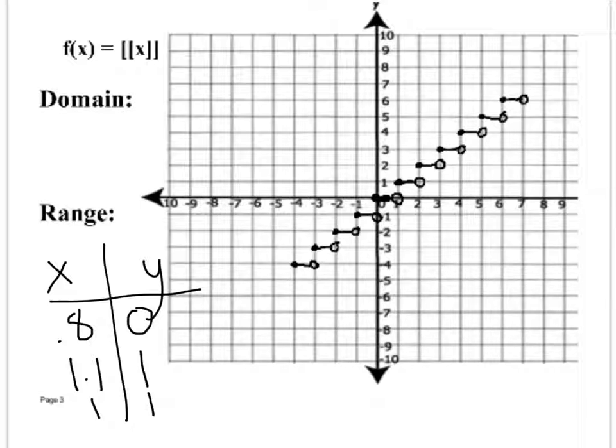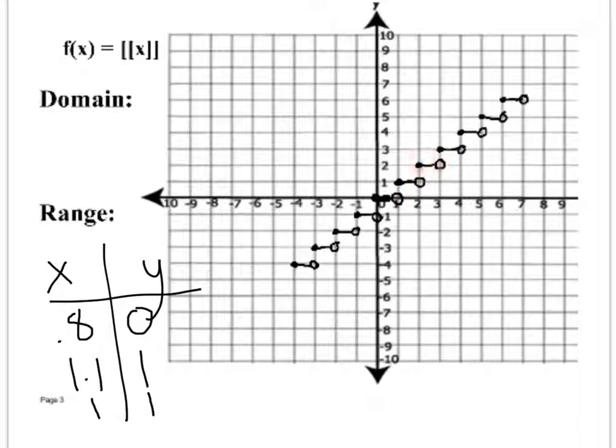And as you can see, when I pick 1 for x, what's my y? 1. So it includes it here. But everything up to 1, 1.9, 1.99, 1.999, what's the y coordinate of that? Or 0.9, 0.999, 0. So that's why everything up to 1 is 0 on the y.